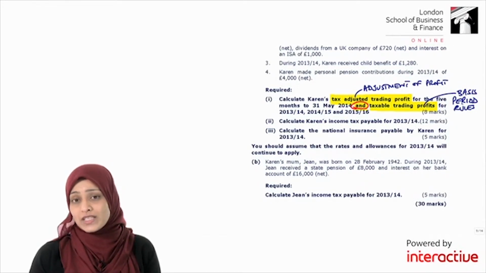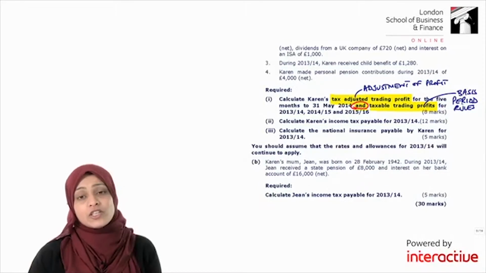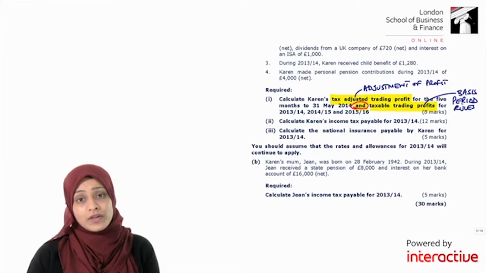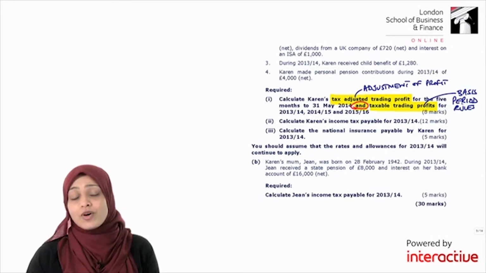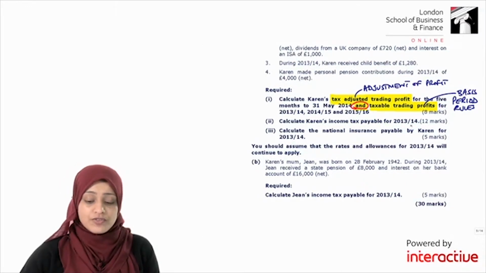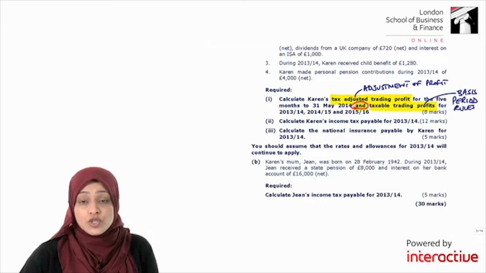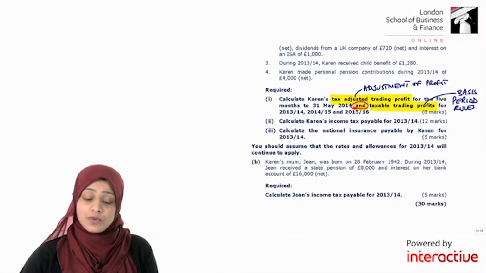If the sole trader has been trading for many years, then we would apply the ongoing rules. And if the sole trader has been trading for many years and is closing down, then we would apply the closing down rules. So the first part of the requirement has got two requirements in there. One is the adjustment of profit, second is the basis period rules.